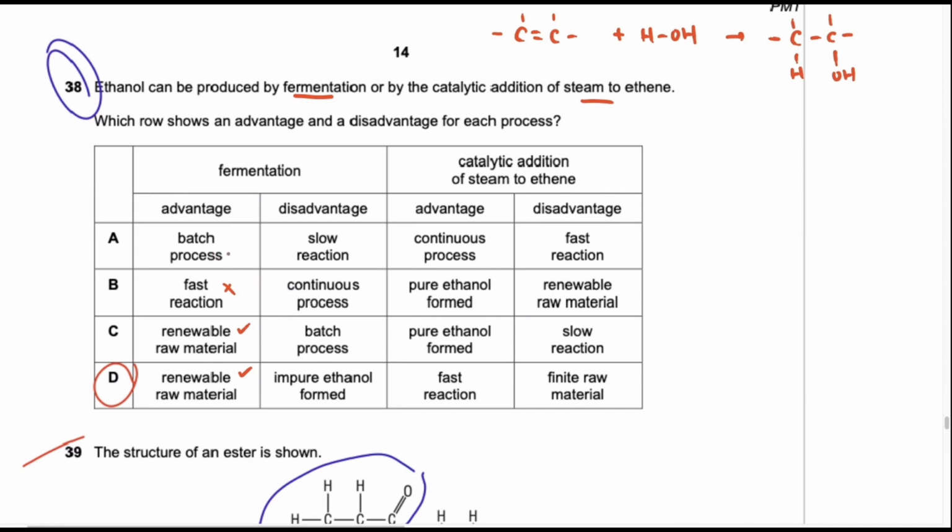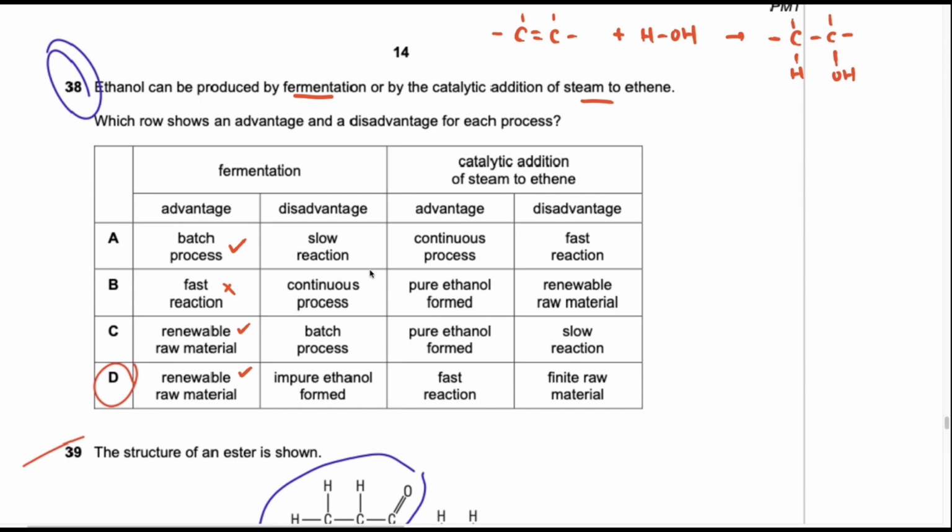Batch process is okay. So in this year, you make a batch of alcohol, then you label it with that year's batch. That means you do it batch by batch.